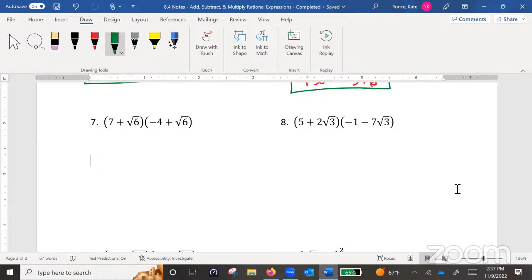Do we do what? If you're going to do it that way, yeah, because it is square root of 6. It's not just 6 times 6. It's square root of 6 times square root of 6.